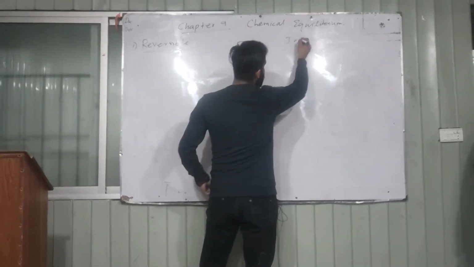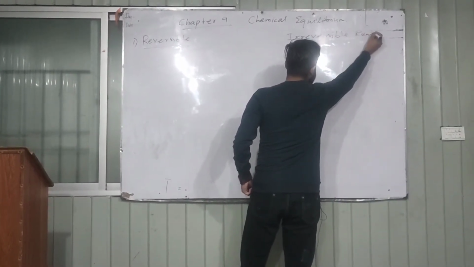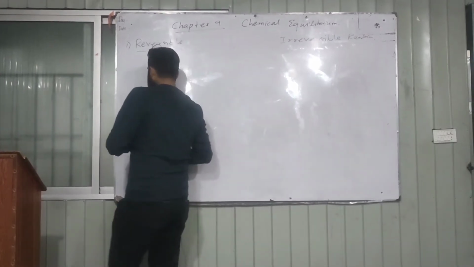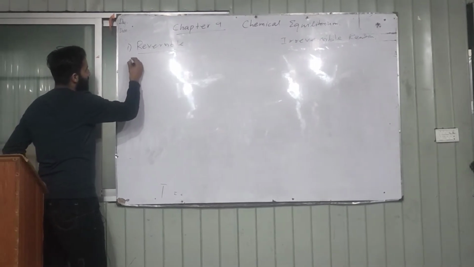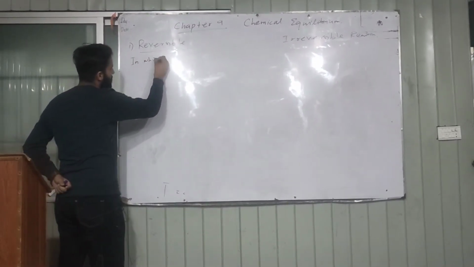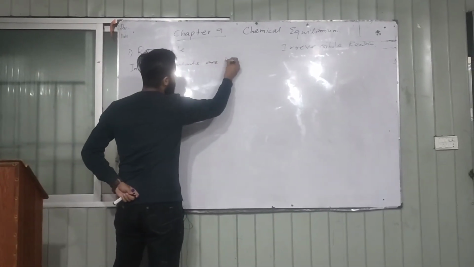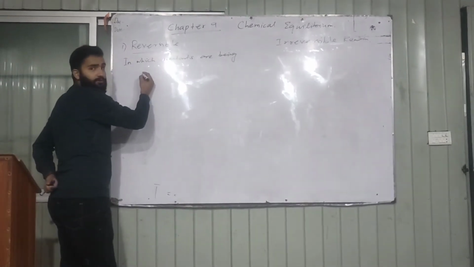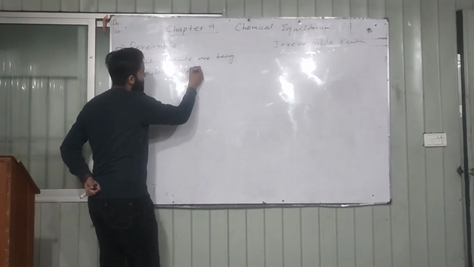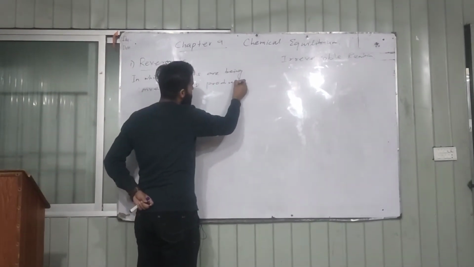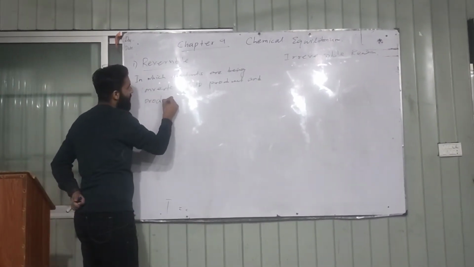Reversible and irreversible reactions. First of all, I write here the definition. Reversible reactions are those in which reactants are being converted into products, and products are being converted into reactants.